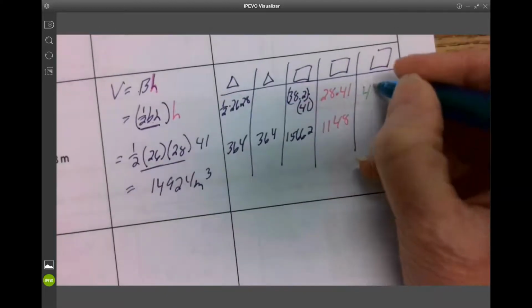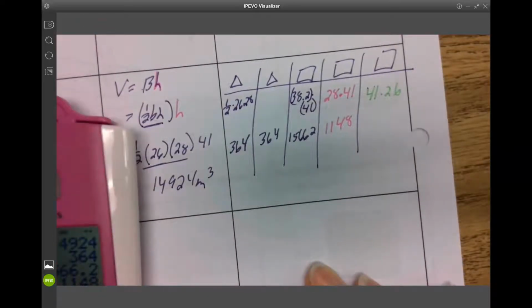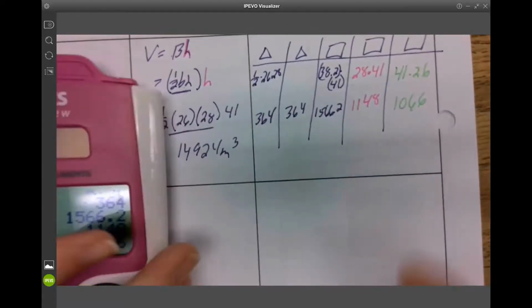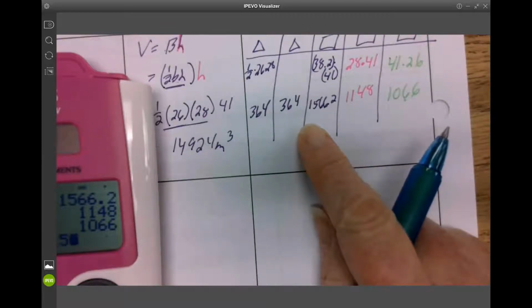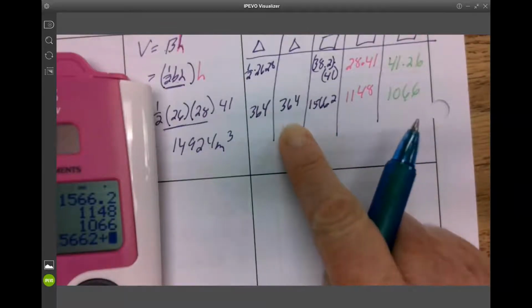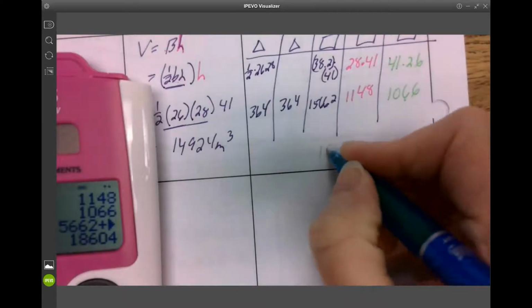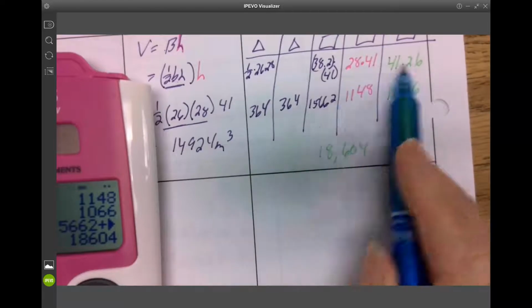I'm going to multiply those two, and I get 1,066. I'm going to add all that up. I got 18,604.